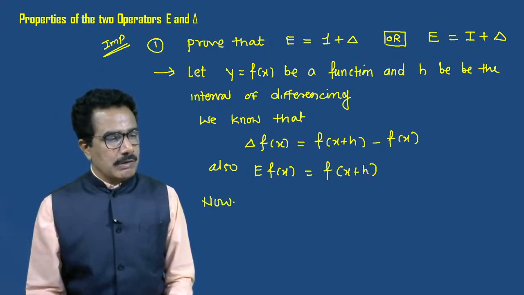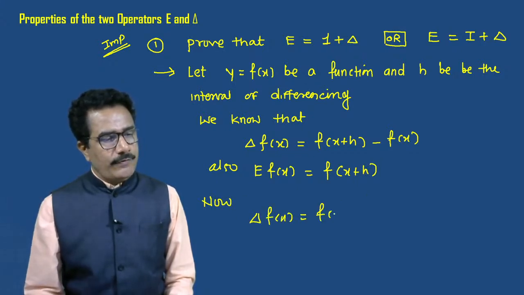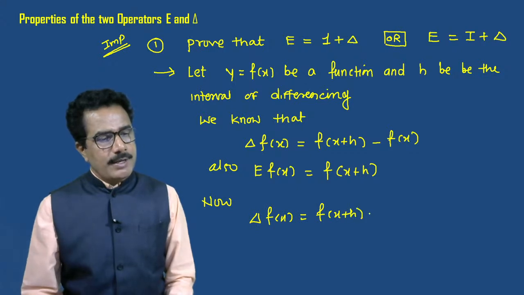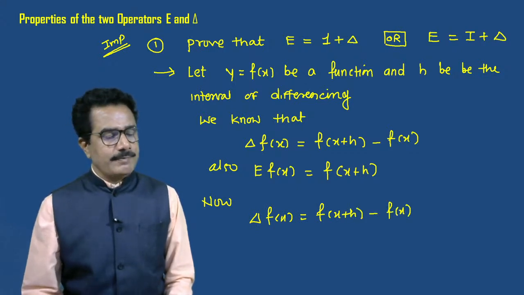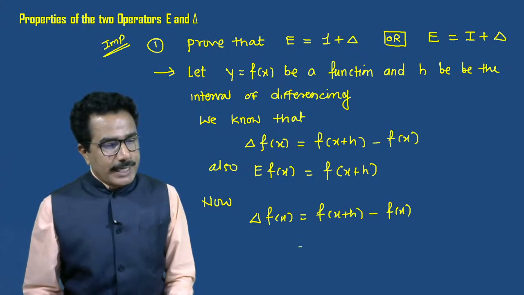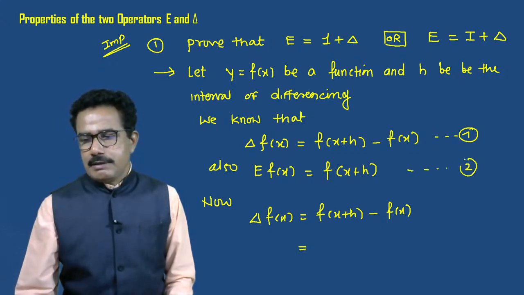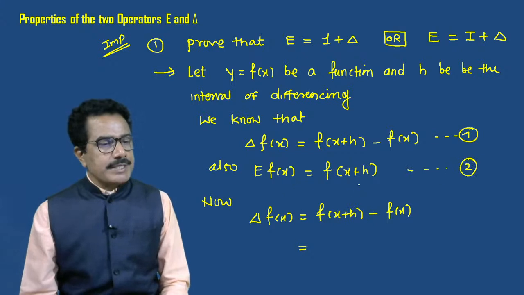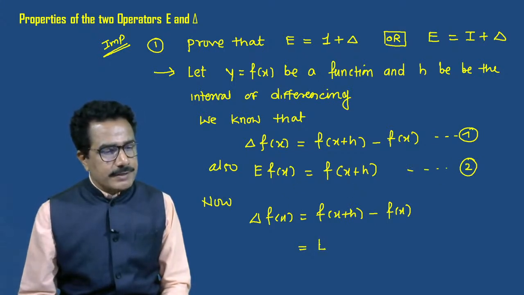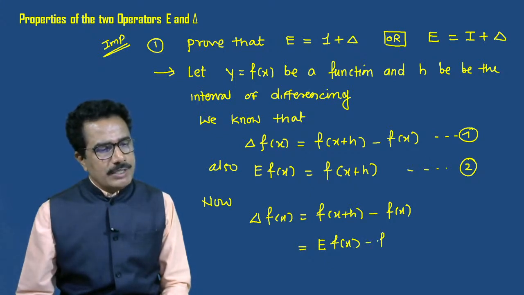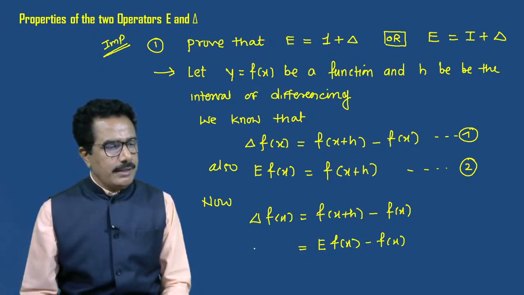Now delta f of x is equal to f of x plus h minus f of x. So we can write, suppose this is 1, this is 2, delta f of x can be written as E of f of x minus f of x.